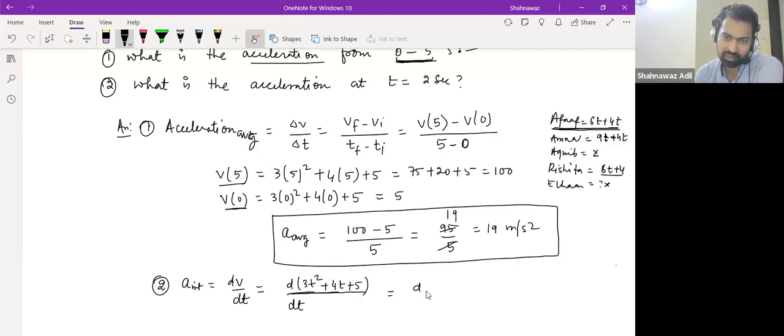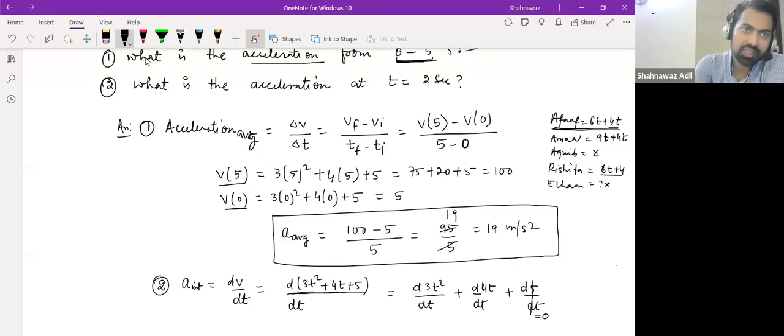At least try. So d of 3t square by dt plus d by dt of 4t, plus d by dt of 5, which is constant.